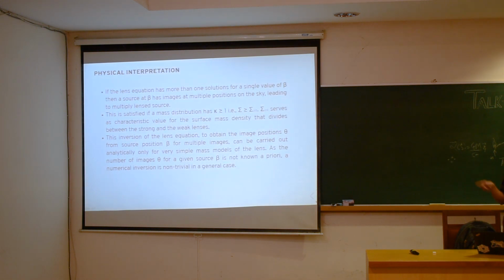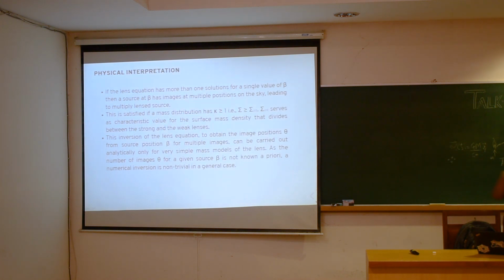But it gets easy if you know the number of images that you are going to get. The first thing you can predict from kappa is whether you are going to get one image or more than one. But it becomes even easier if you can predict the exact number of images. Is it 3? Is it 4? Is it 2?